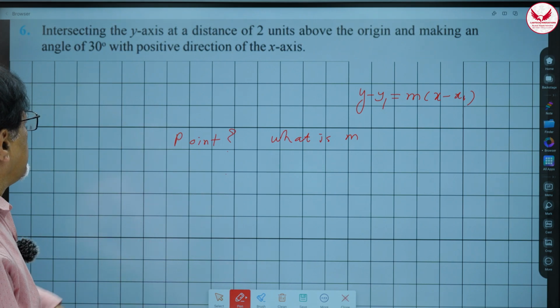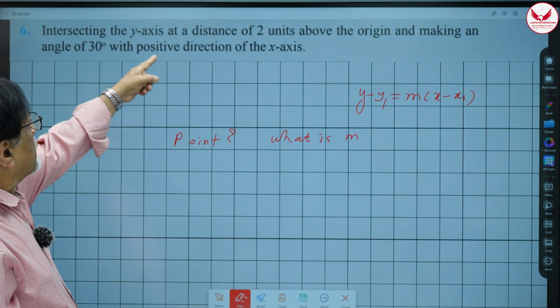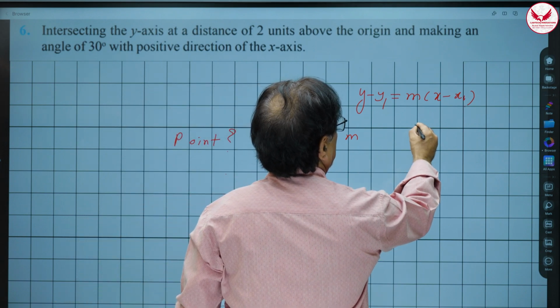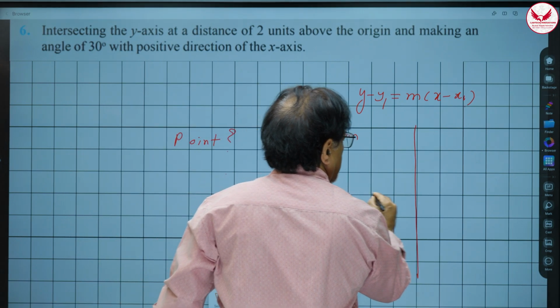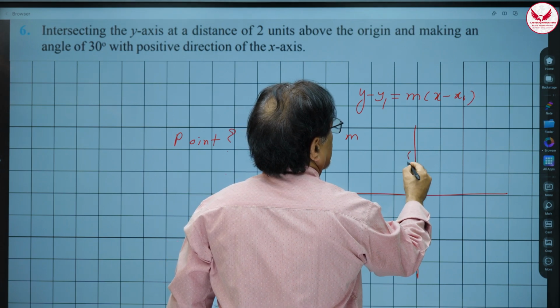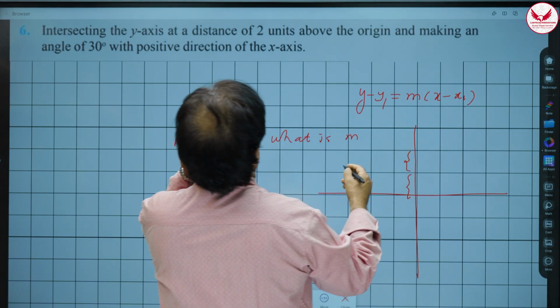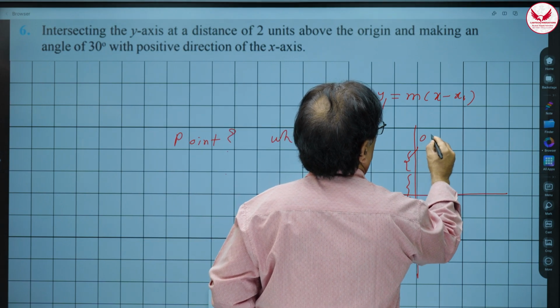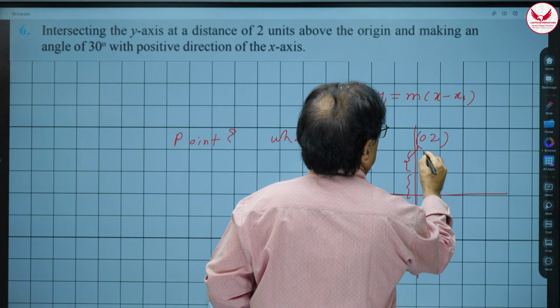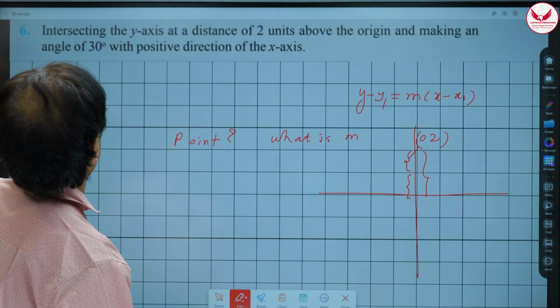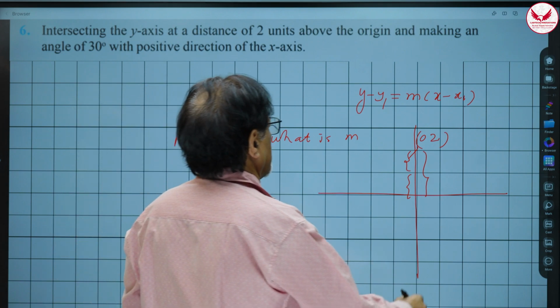Now in order to give this information, they have said that intersecting the y-axis at a distance 2 units above the origin. So suppose this is the y-axis, this is the x-axis. So 2 units means this is number 1 and this is number 2 above the x-axis, right? So this point here will have x coordinate 0 and y coordinate 2 units, because this distance is 2 units, okay? And then making an angle of 30 degrees with the positive direction of the x-axis.